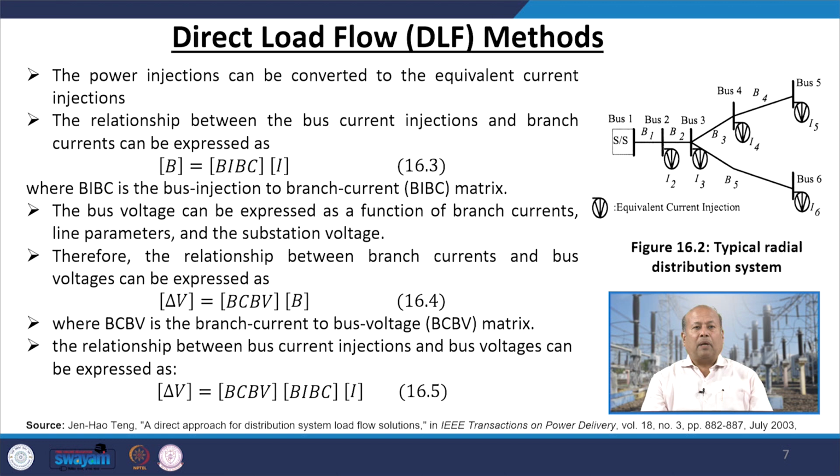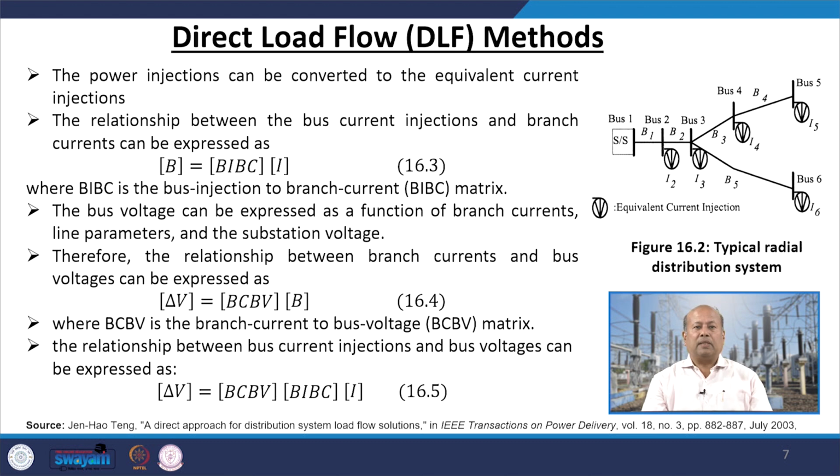The power injections can be converted to equivalent current injections, and the relationship between the bus current injection and branch current can be expressed as B equal to BIBC multiplied by the I matrix, where BIBC is known as the bus injection to branch current matrix.